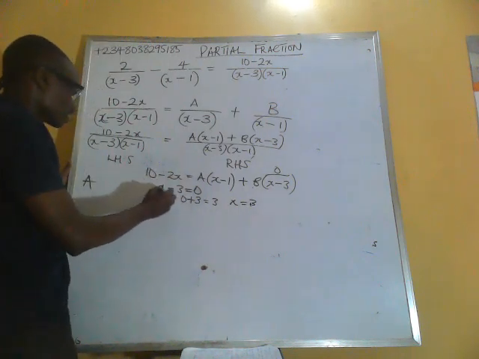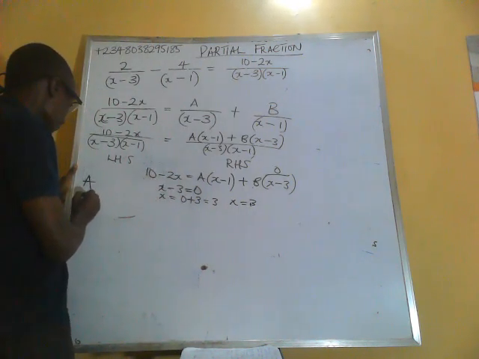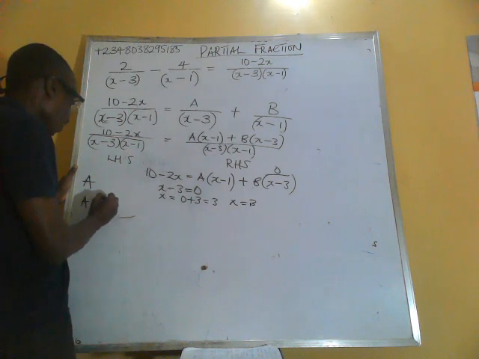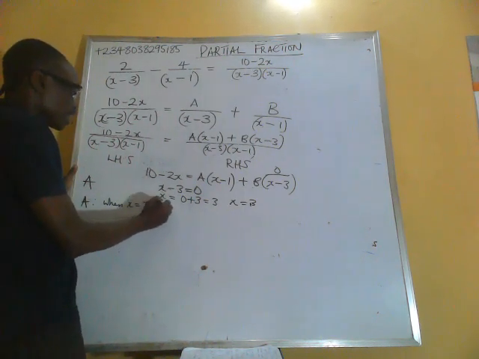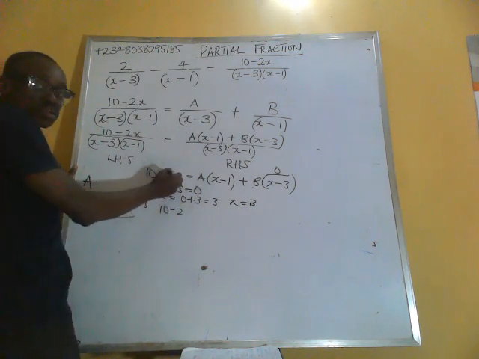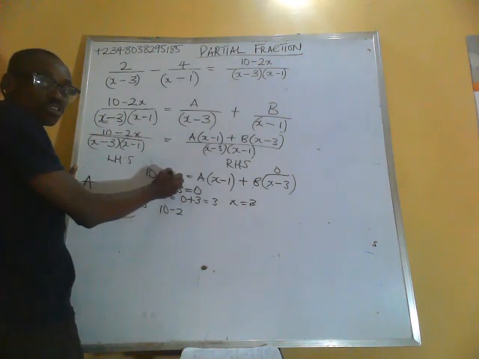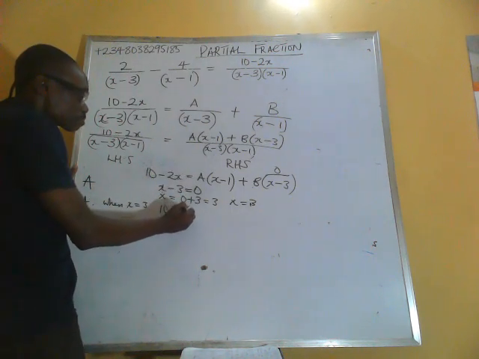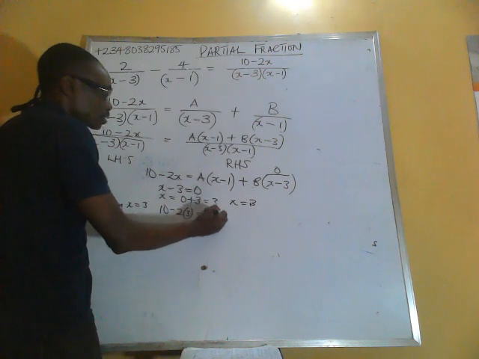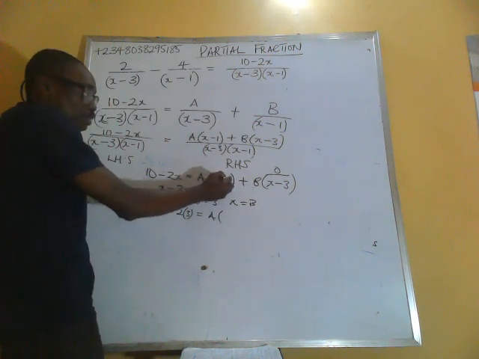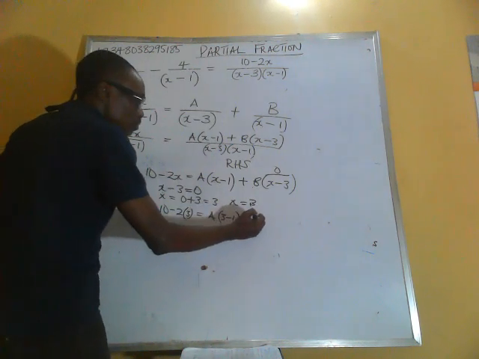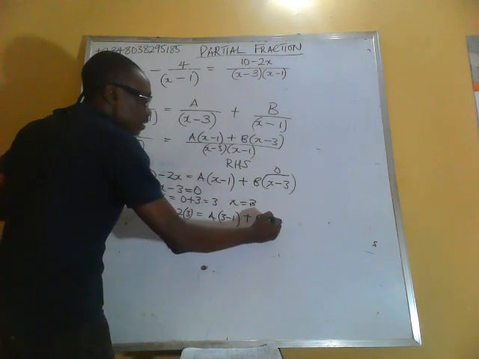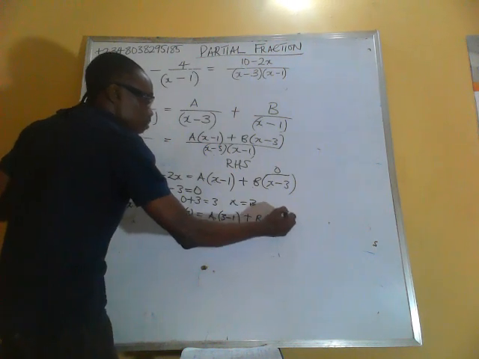So when solving for A, when x is 3, you're going to have 10 minus, wherever you have x, you're going to put 3. So here you have 3 equals A, this is x minus 1, which becomes, in place of x you put 3, plus B, then 3 minus 3.